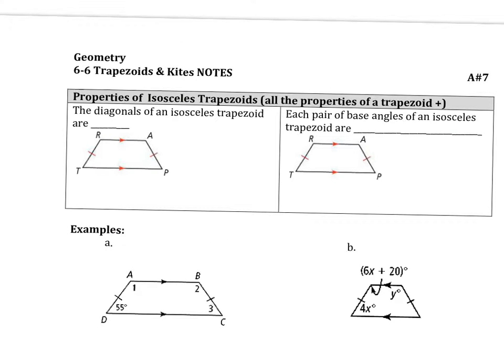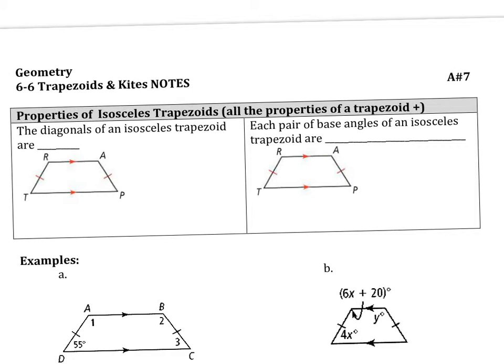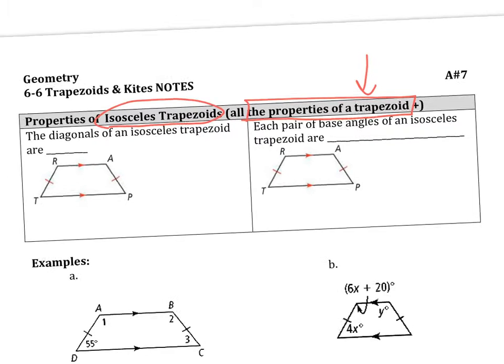All right, so we're going to look at 2 properties. Remember, trickle-down economics here: every single property of an isosceles trapezoid also includes the properties of the trapezoids, therefore includes all the properties of a quadrilateral. So that all trickles down. So it's everything that we've talked about with trapezoids before, plus extra.